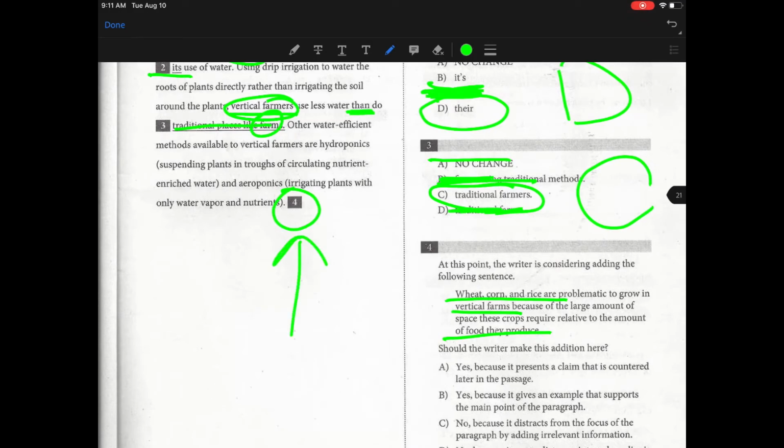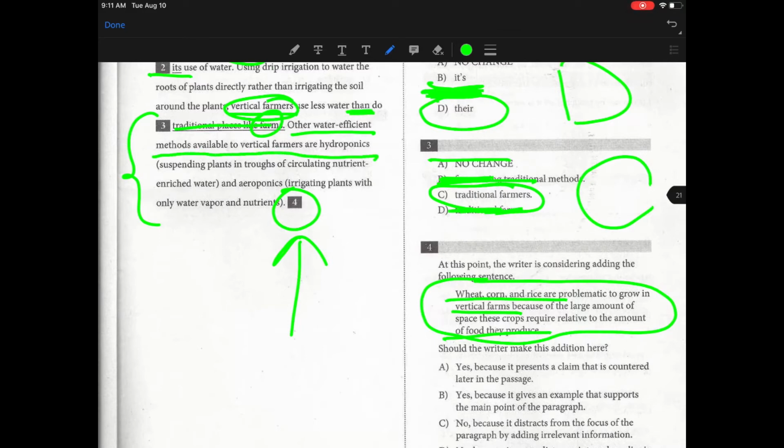And in order to understand whether we need to add this sentence here, we need to look at this context, okay? Now let's see. Other water-efficient methods available to vertical farmers are hydroponics, growing plants in troughs of circulating nutrient-rich water, and aeroponics, irrigating plants with only water vapor and nutrients.